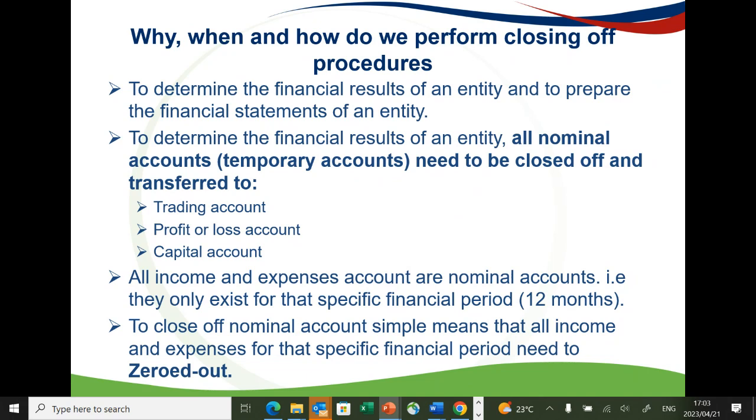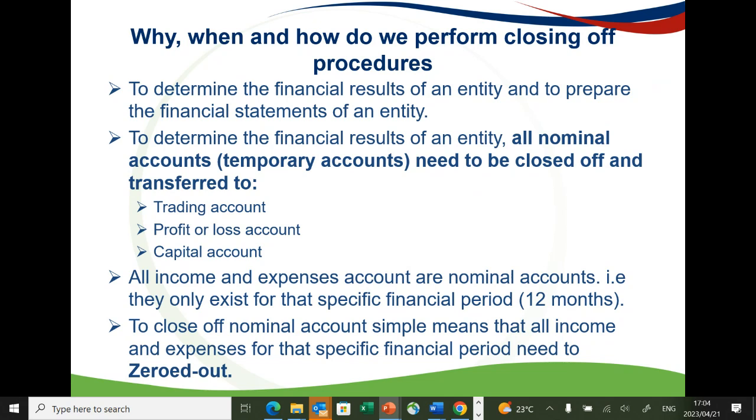If we want to zero out that income account, we need to debit that income account and credit the relevant account that we're going to discuss now. If you want to zero out the expenses account, we know that expenses increase on the debit side and reduce on the credit side. So to zero out the expense account, we need to credit that expense account and debit the account where we're going to close it off to.